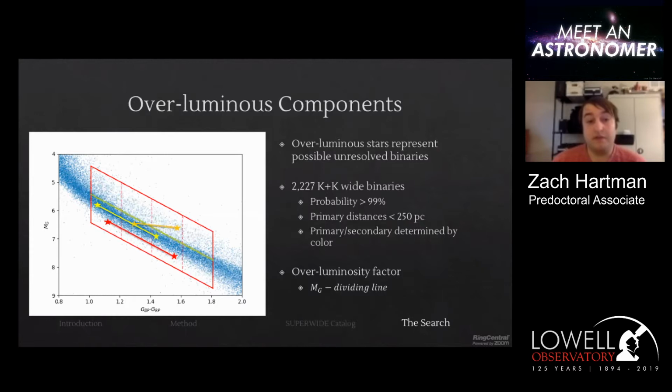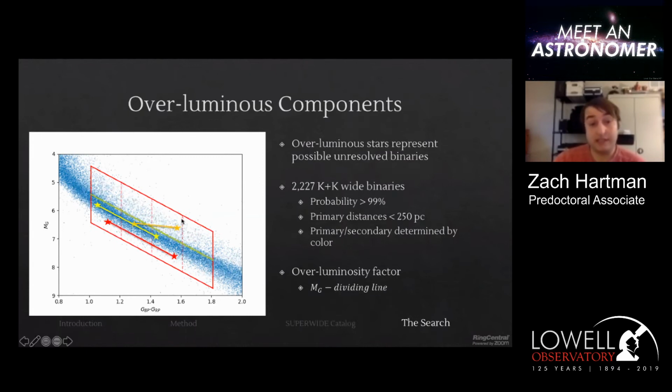So for each of our wide binaries, we determine an over-luminosity factor for each component. It's simply the absolute magnitude of the component minus the dividing line.